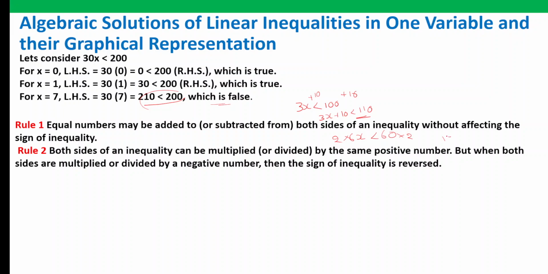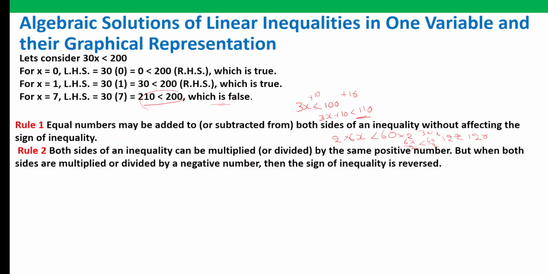So 12x is less than 120. Similarly, when I divide by 2, 6x by 2 is less than 60 by 2, that is 3x is less than 30. So the sign will not change.